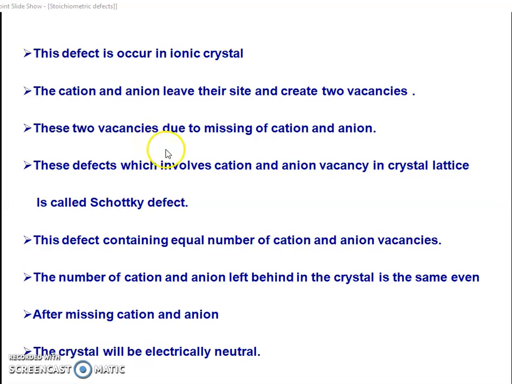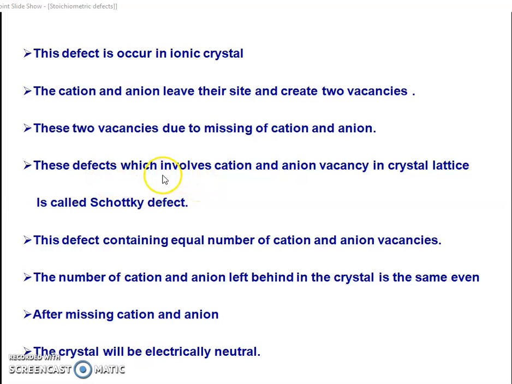But in this defect, which occurs in ionic crystals, the cation and anion leave their sites and create two vacancies. The vacancies are due to the missing of a cation and the missing of an anion.